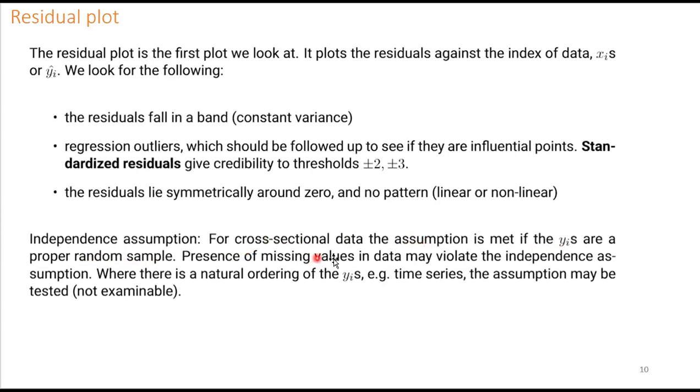But the presence of missing values can make this assumption fail. If you're doing time series, then you can test this assumption, and you might see that in ST300, but that's not something we do on this course. Hence, that's why I said in the project, do not pick time series data.